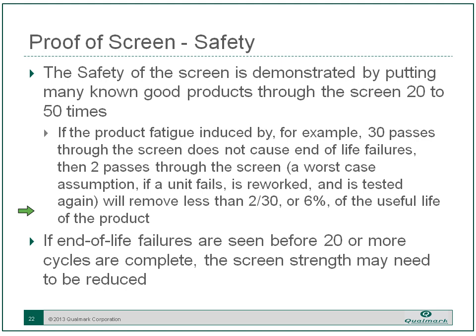So if you run 10 products through the screen, and nothing has failed by the end of 30 passes, you can feel pretty good about the idea that you've got a screen that's not taking a lot of life out of the product. If you're seeing failures before 20 cycles are complete, then you need to do some closer looking.